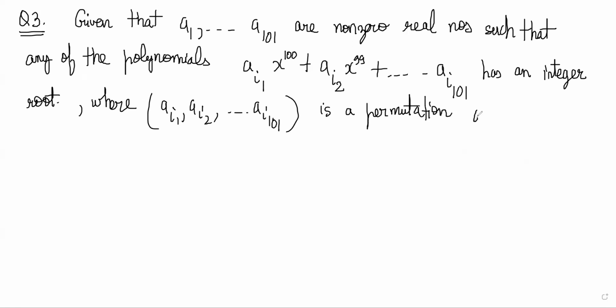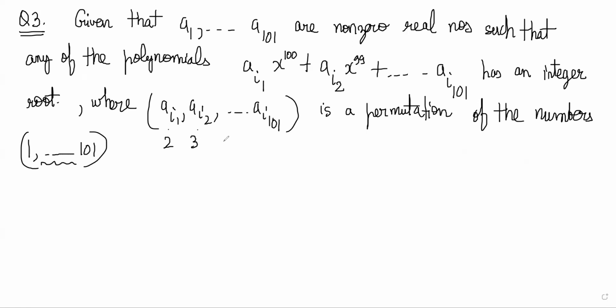Permutation of the numbers 1 to 101. So basically, it's a different arrangement of the numbers. I1, I2 could be numbers like 2, 3, 98, 101, and so on, some random permutation of the numbers. So you're saying this first coefficient could be A2, could be A101, could be any permutation.